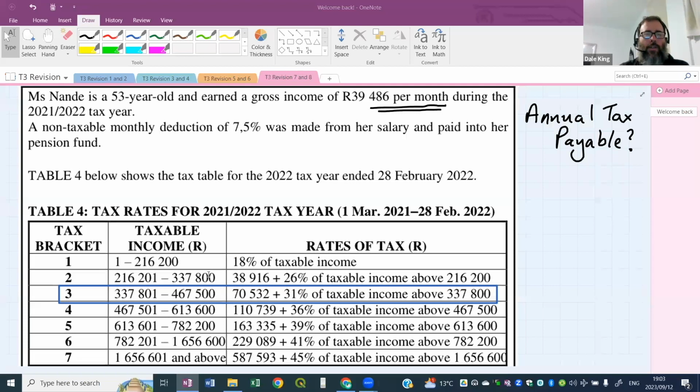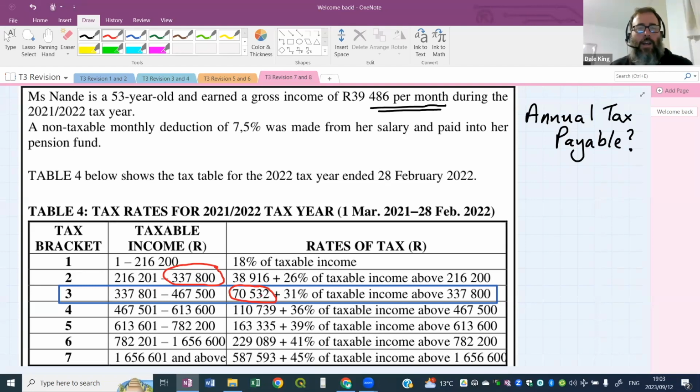Okay, so what you do is, as far as I know, we take the maximum value of the previous bracket, which is this value here, and we use the bracket 2 calculation to work out the tax for that. It should come up to 70,538. So that's the starting point for bracket 3. So bracket 3 says you have to pay 70,538, which is bracket 2's maximum, plus this is the tax rate for the bracket 3.